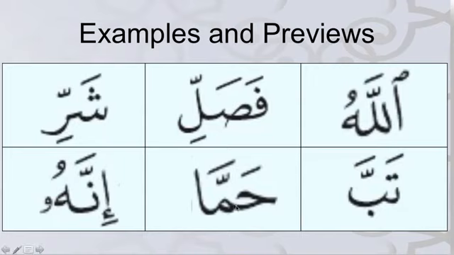This is one example of the ghunna, and the other example is with the noon shadda. Meem shadda and noon shadda both cause ghunna to occur. This is innahu. Notice I held the sound of the noon shadda in my nose a little bit. Innahu.